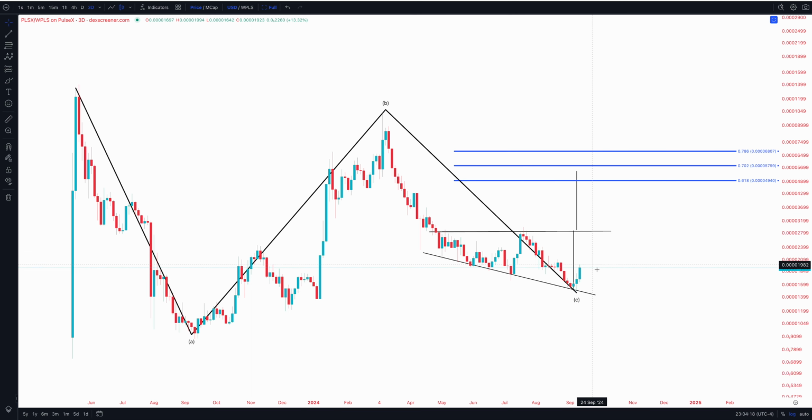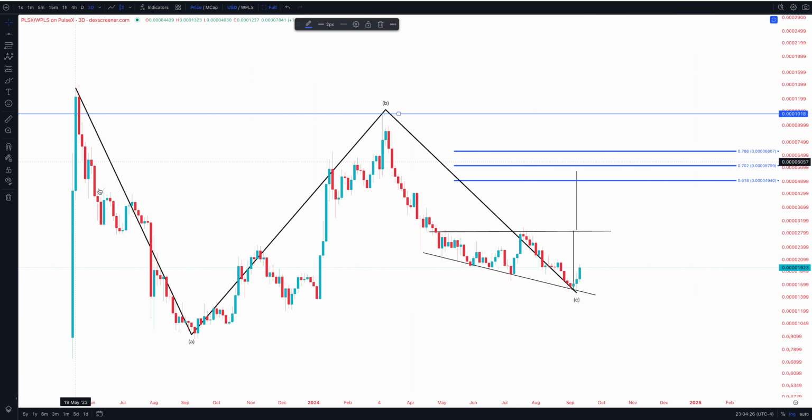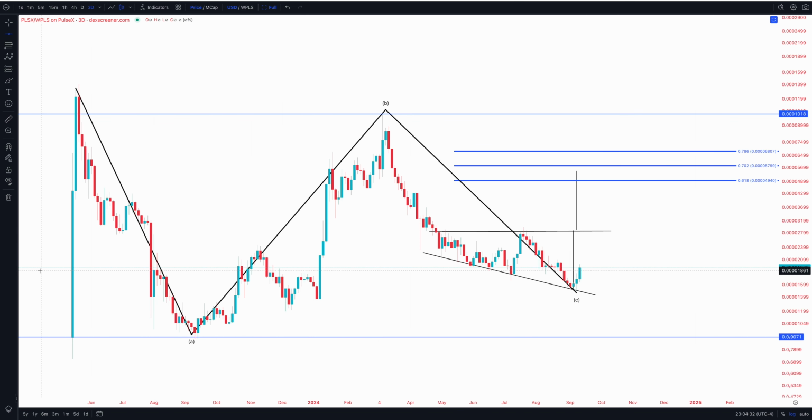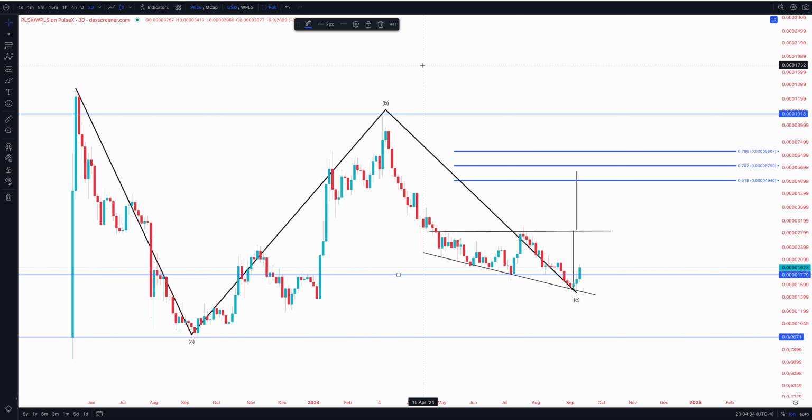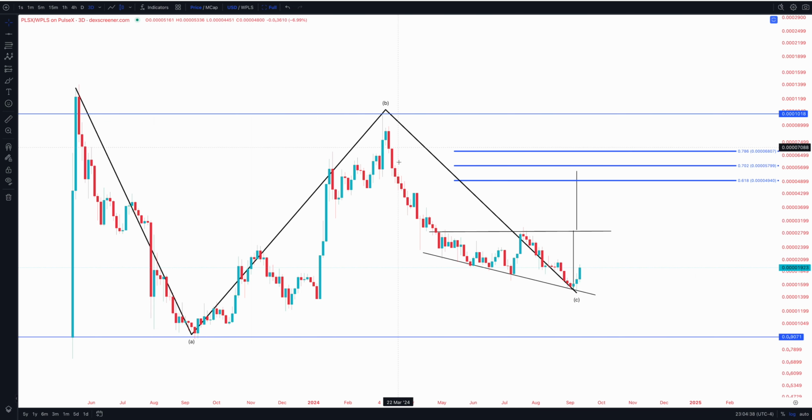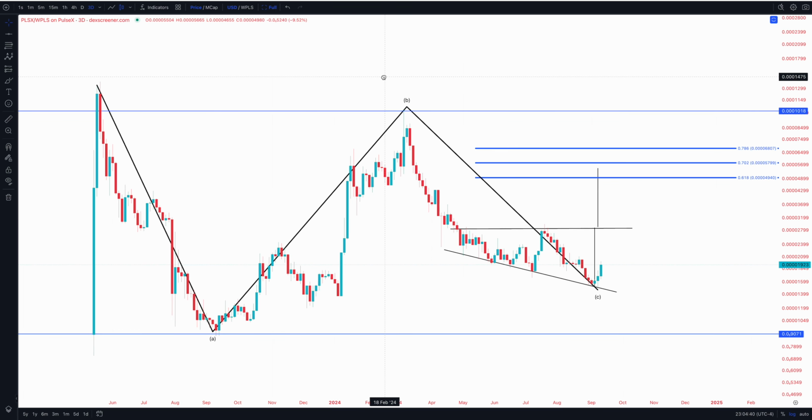You guys see that? Because all of these moves over here were corrective. So I definitely do think that we are gonna breach the upper bounds of this trading range that we've been in for over a year. And yeah, so I think it's going to do very well.